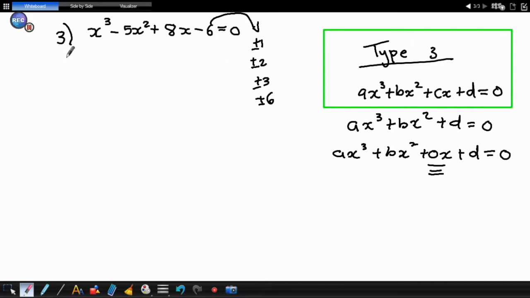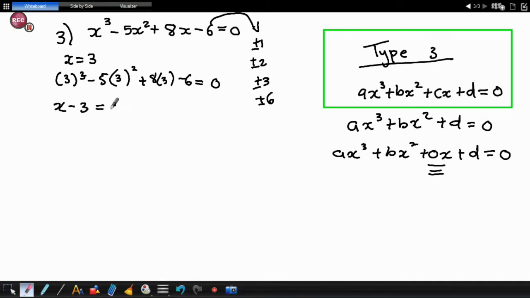I have already tried it, guys. It's quite a lot of numbers to try out. So I tried out x is equal to 3, and I substituted 3 into that equation, and I got 0. And this told me that, okay, that means that x minus 3 equal to 0 is a factor of the equation, okay?